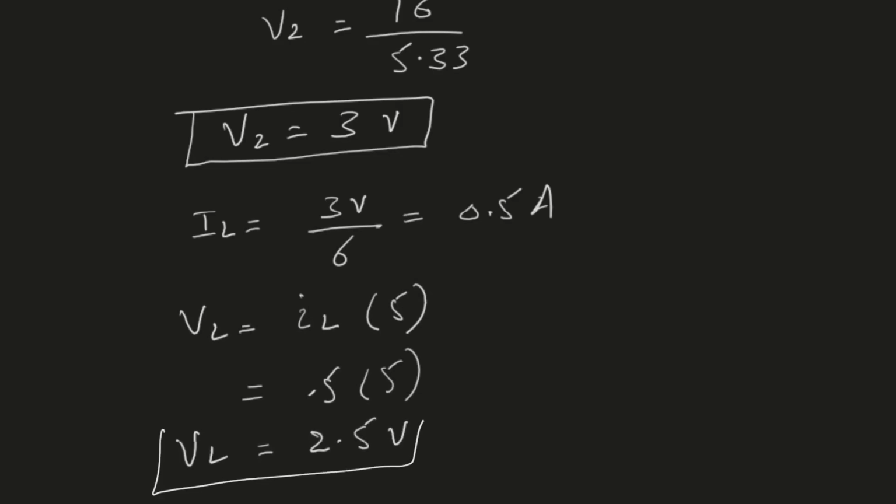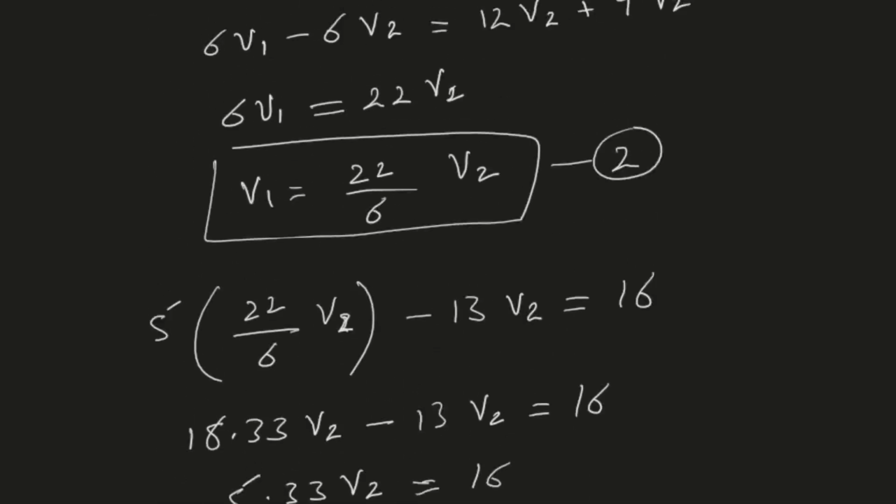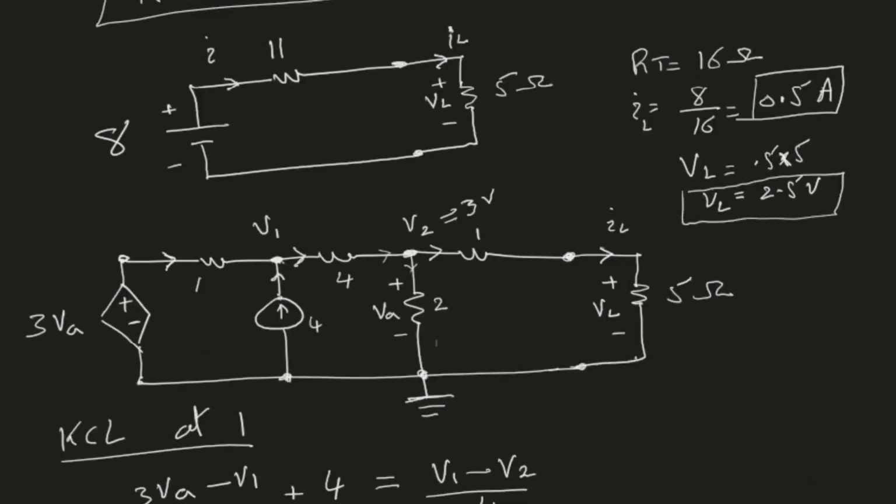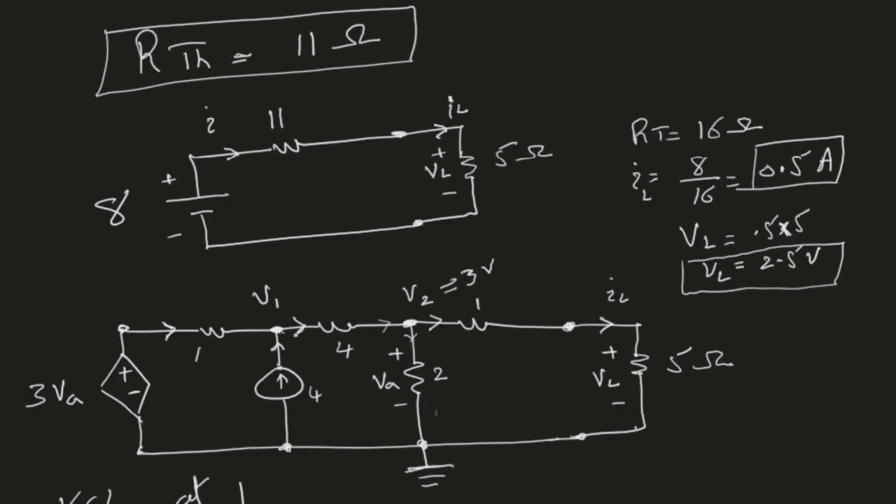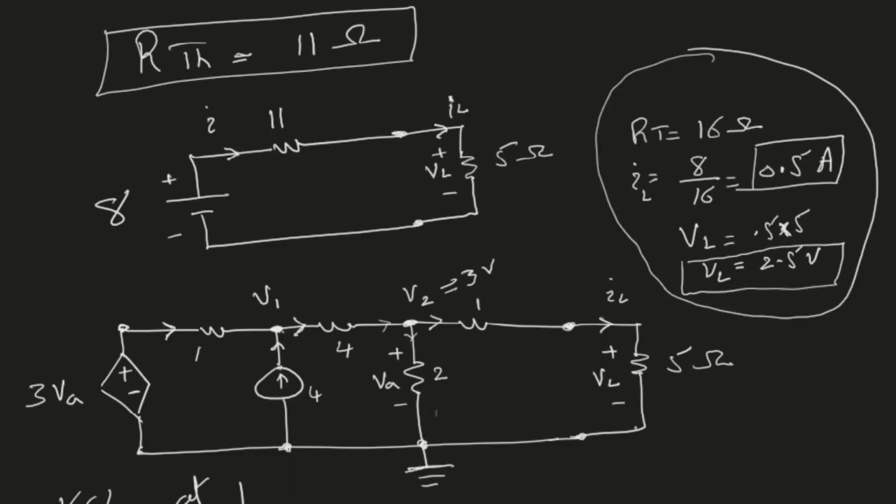Now you see the load voltage VL and the load current IL are the same as what we obtained from our Thevenin equivalent. So this proves that our Thevenin equivalent is the correct representation of our complex circuit. And now we can appreciate that the Thevenin equivalent can simplify the circuit quite a bit.